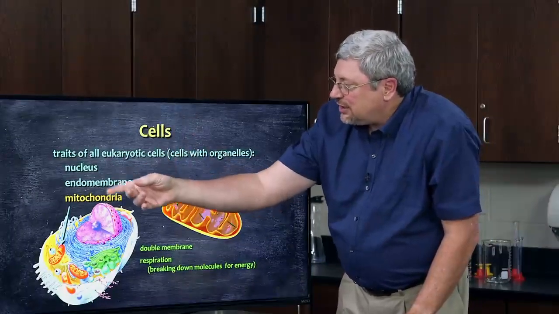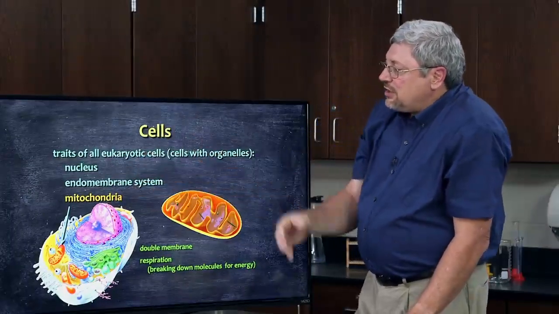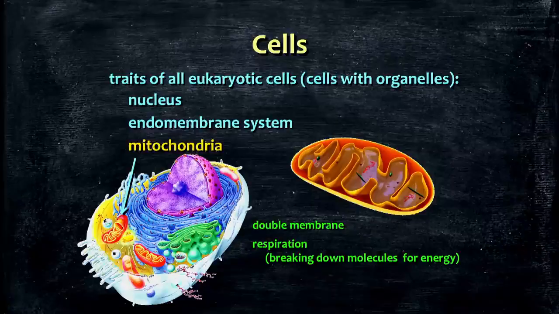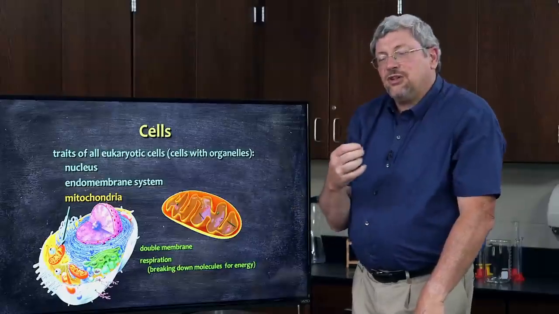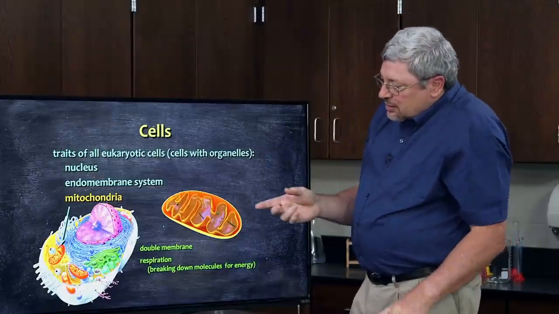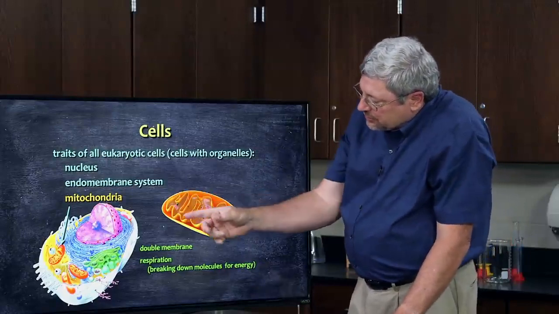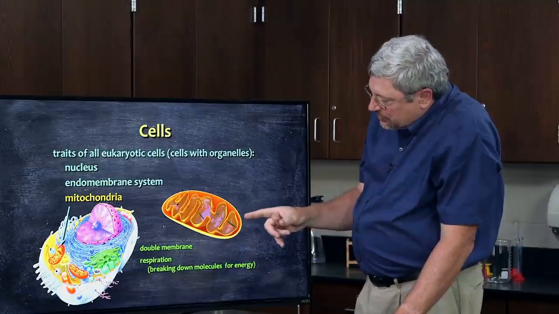A third type of organelle in any eukaryotic cell is the mitochondrion. Plural is mitochondria. In this representation, there are three of them. Some cells have hundreds, even thousands of mitochondria. A few cells might just have one or two. The mitochondrion is a very special organelle that's made of two membranes.